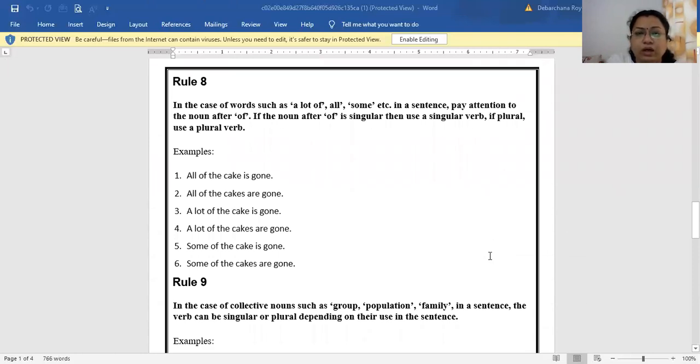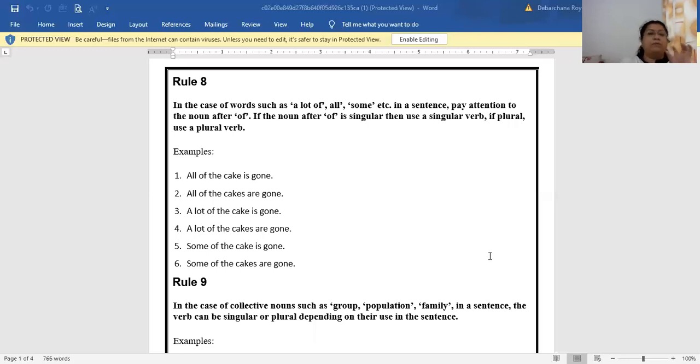Now we come to rule number 8. In the case of words such as a lot of, all, some, etc. in a sentence, pay attention to the noun after of. Now again I repeat. If you see words such as a lot of, all, some, in a sentence pay attention to the noun we are using after of.